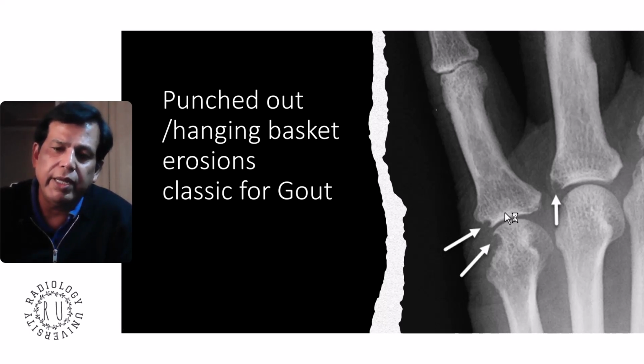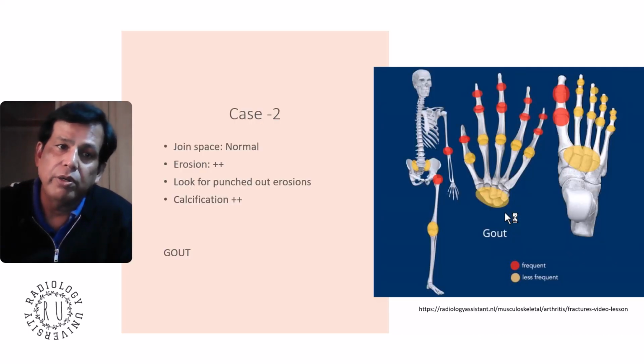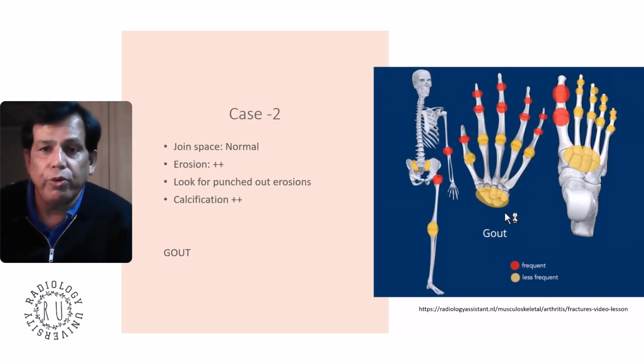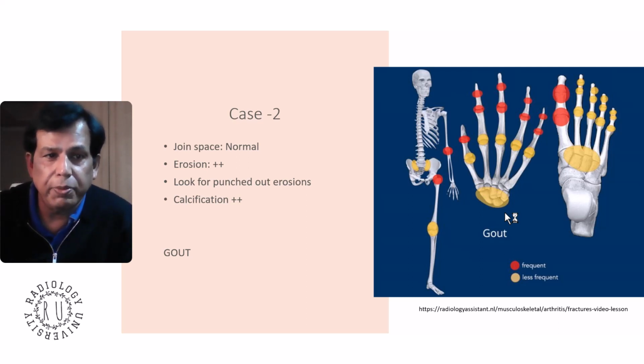They can get calcified, they can be not calcified, but the soft tissue helps you point towards what type of condition you're looking at, because gout has more of a soft tissue component with it. So you have normal joint space, erosions, punched out lesions, and sometimes calcification.